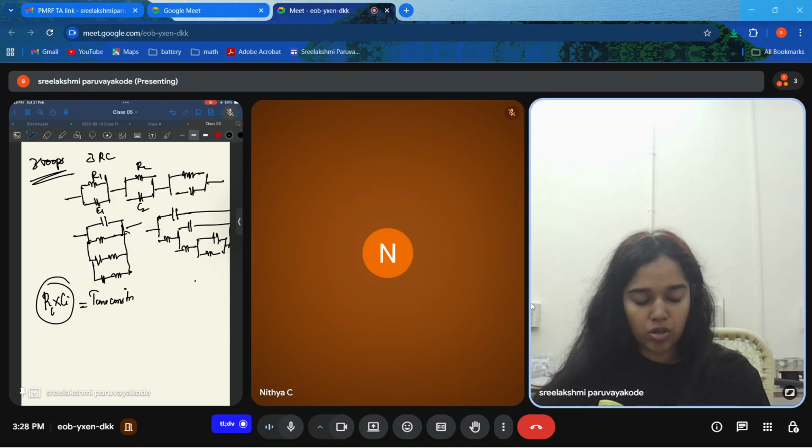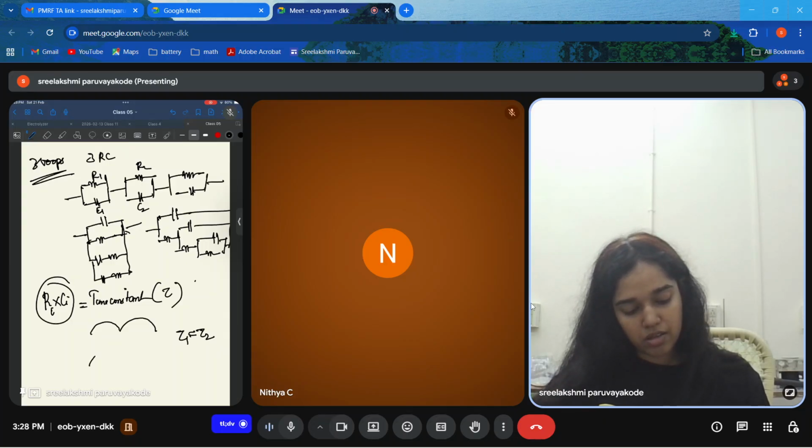So if the time constants are very different from each other, you will see two separate loops if there are two RC. But if tau 1 is very close to tau 2, where tau is nothing but the time constant, there are chances you will see them merged. So it's difficult to say.